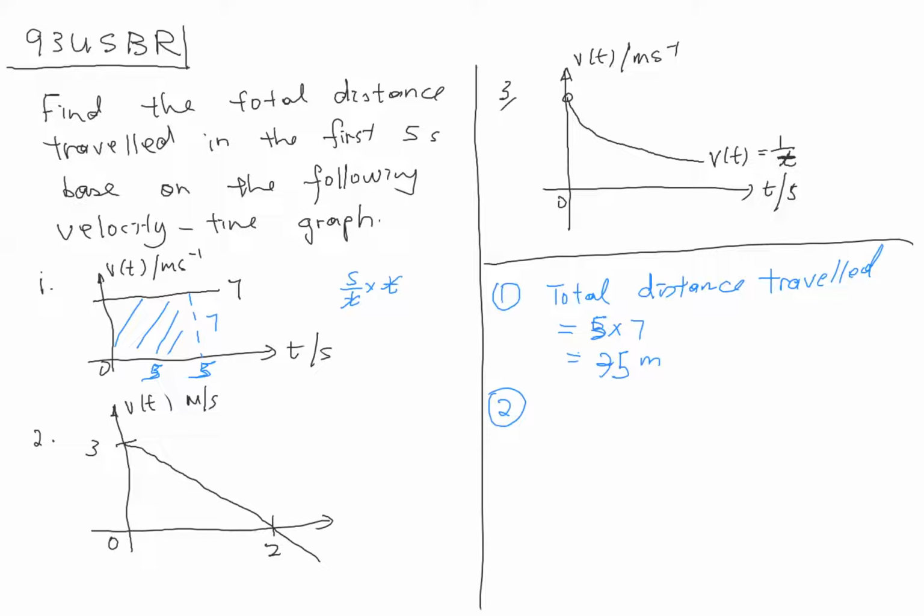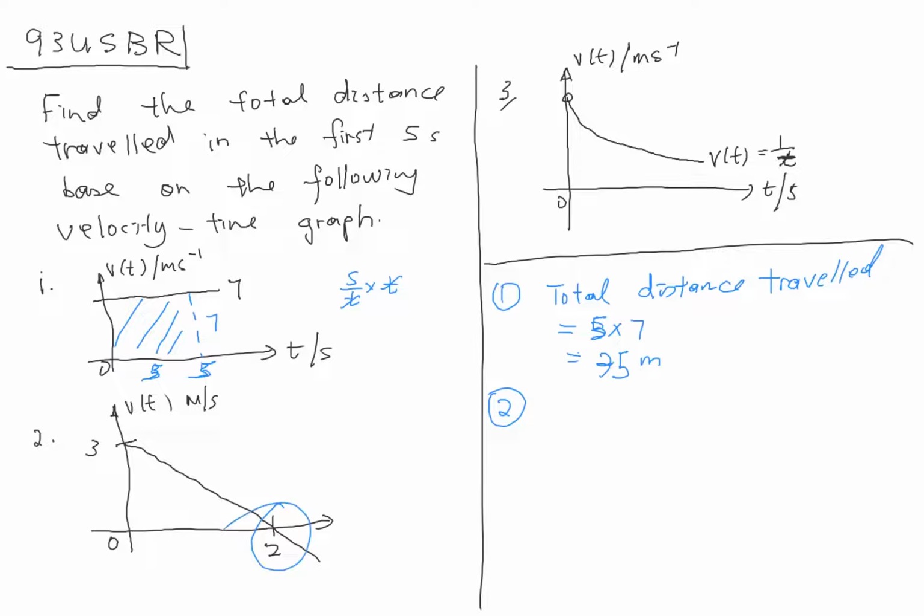But you have to know that this particle, at first, is moving to the right, starting with a velocity of 3 meters per second. Then after that, it stopped at 2 seconds.